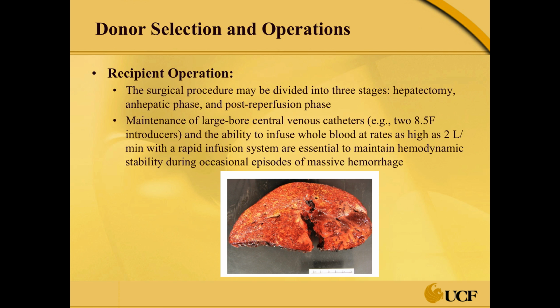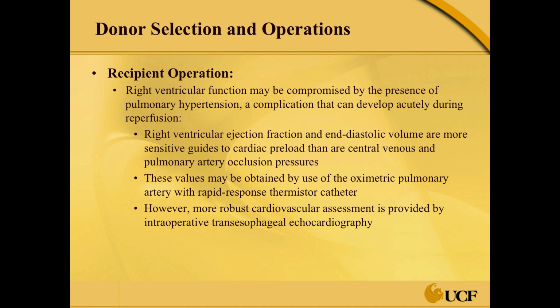We're talking 2 liters a minute to maintain hemodynamic stability, and because this is so vascular and connected to such large vessels that have to be disconnected, hemorrhage is a major issue during the surgery. When the patient starts to hemorrhage, intraoperatively they'll use one of these rapid infusion systems to maintain both hemodynamic stability and adequate circulation.